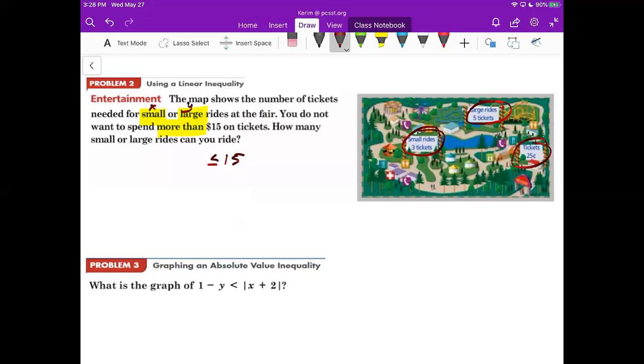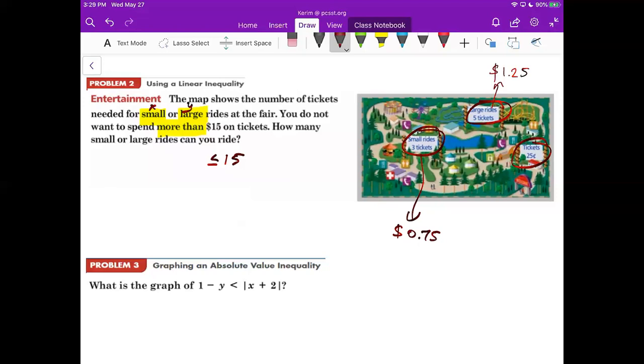To make my life easier, I'm going to calculate how much one small ride is. One small ride is 3 times 0.25, because 25 cents times 3 gives us $0.75. And for the large one, 5 times 0.25 is $1.25.